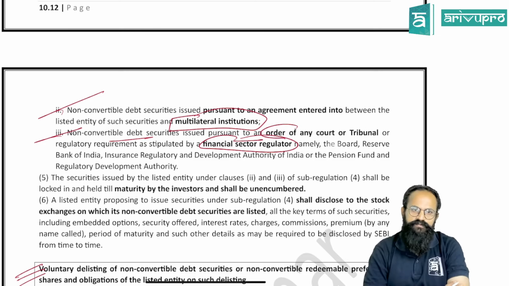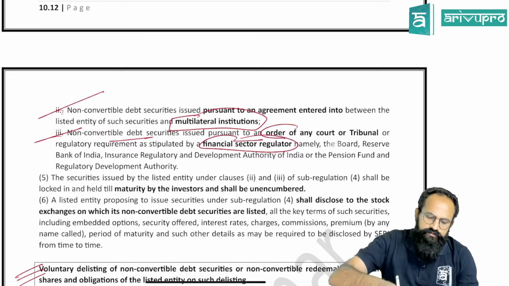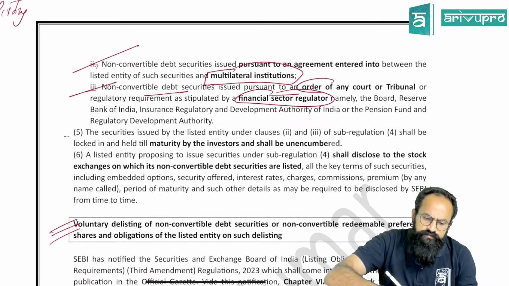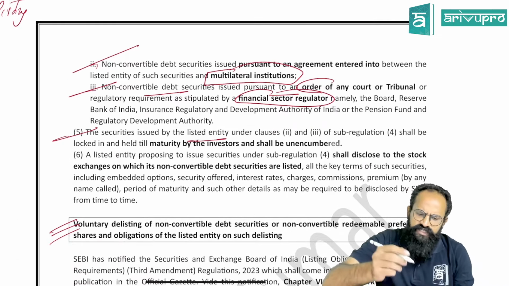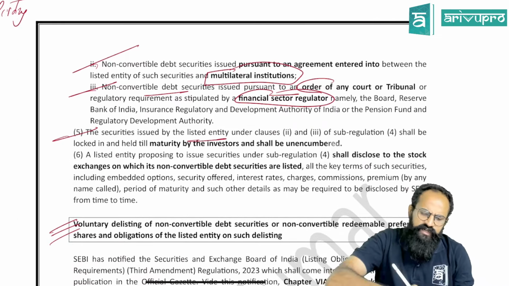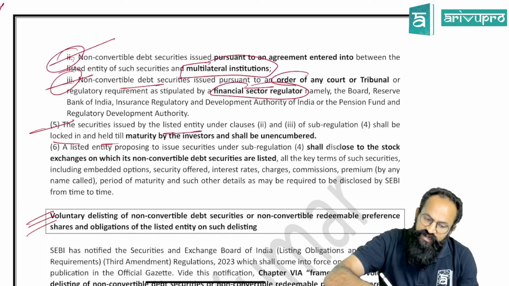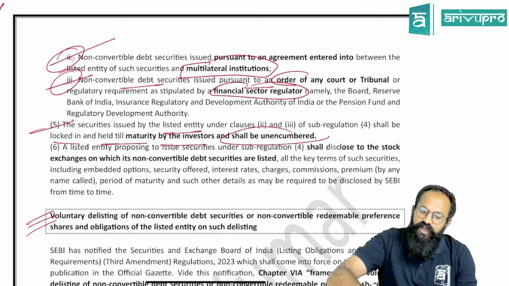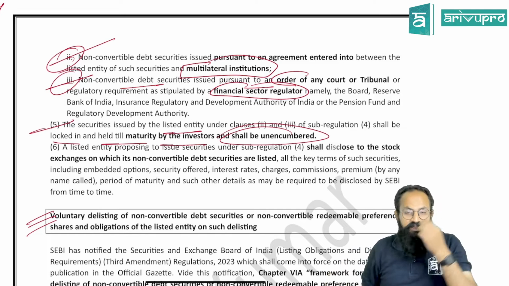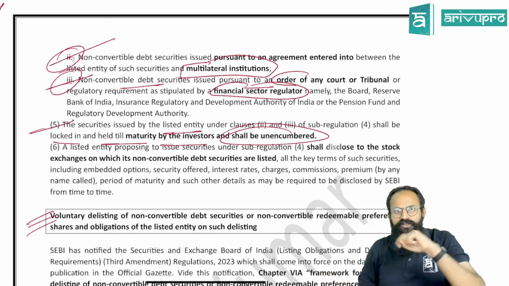Is this clear? Pakka na? Okay. Provided the securities issued by the listed entity under clauses 2 or 3 shall be locked in and held till maturity by the investor and shall be unencumbered. Meaning, sir, I'm giving it to the multilateral institution or to a person according to the financial regulator or as told by the court.